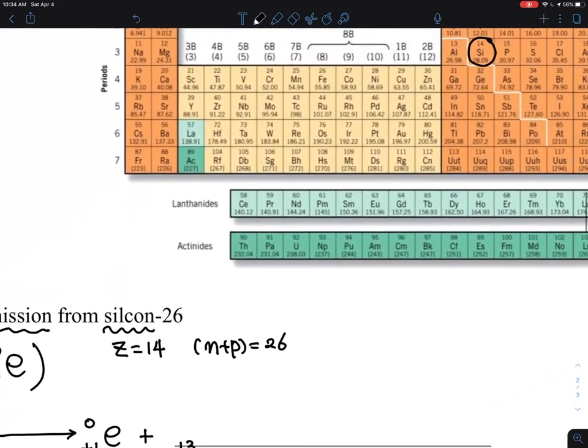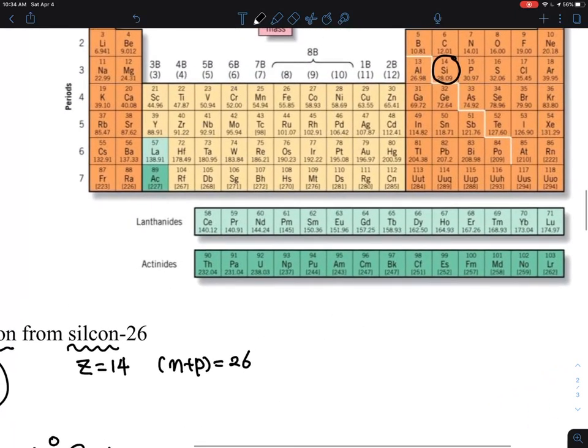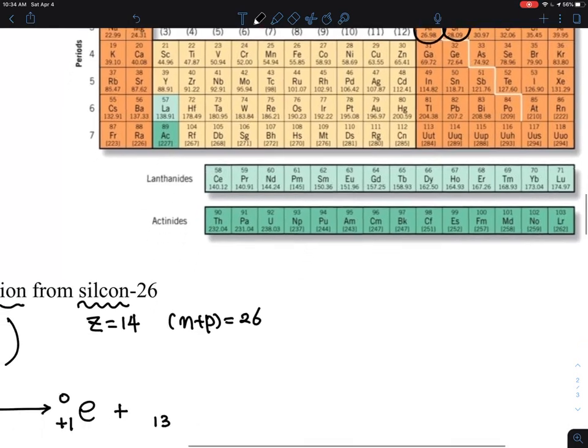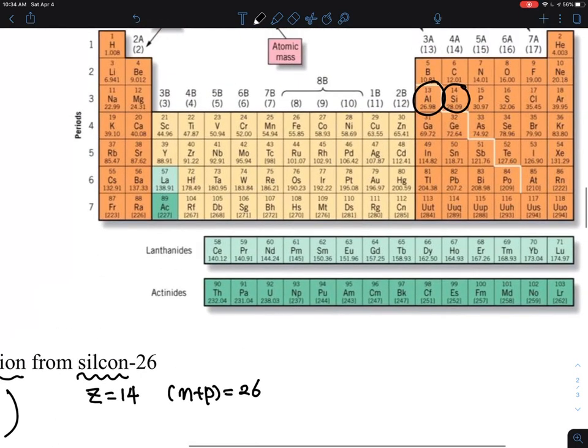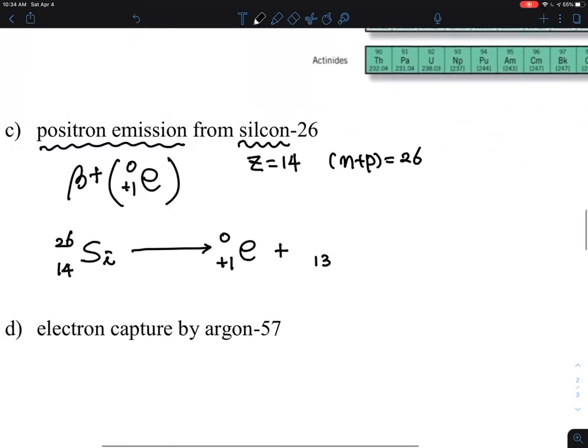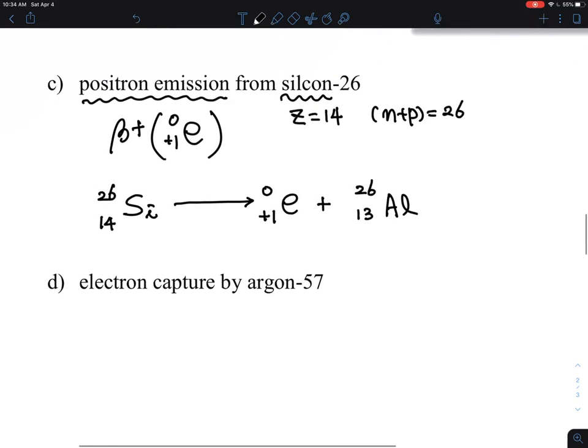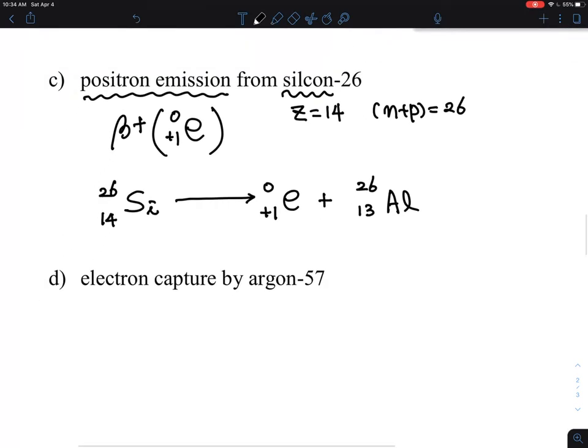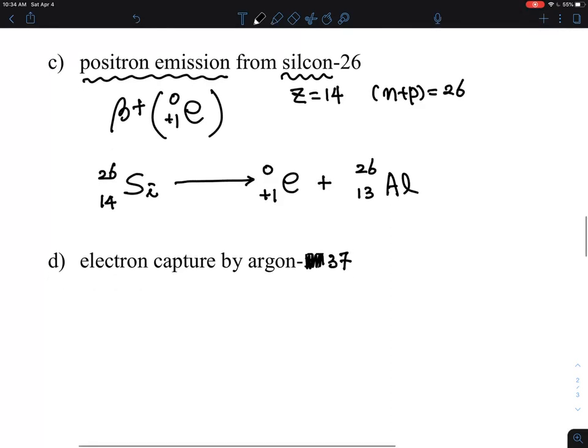So atomic number 13 is, once again, aluminum. So by losing 1 proton, you're making this into aluminum. And what about the mass? Mass doesn't change, so you end up having this. The last one, this one is a typo. This is 37, and I corrected it for the LMS posting, so you have the same one.